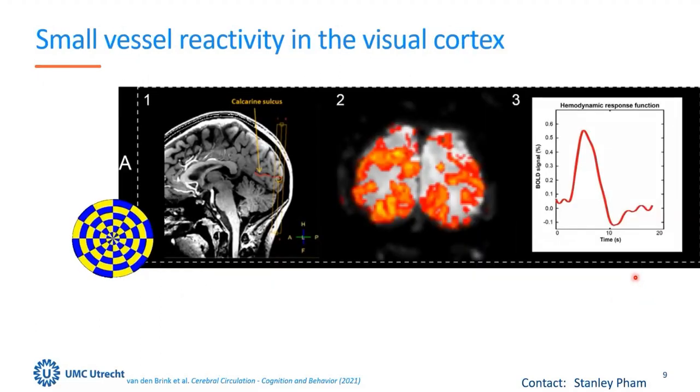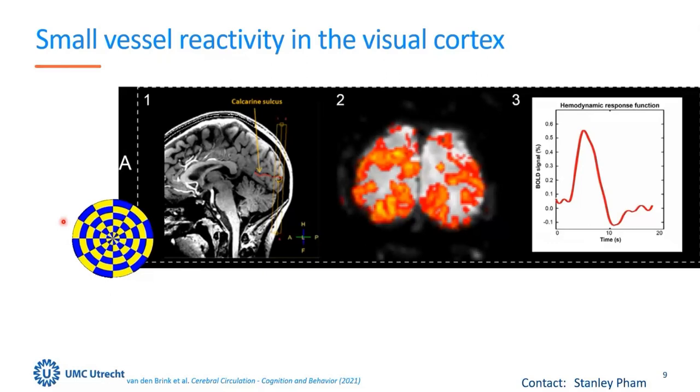Then finally, the last small vessel function measure that we performed was specifically the cerebrovascular reactivity in the visual cortex due to a visual stimulus. This dartboard here, all participants were tasked to look at the dartboard. This was flickering in different frequencies and patterns.